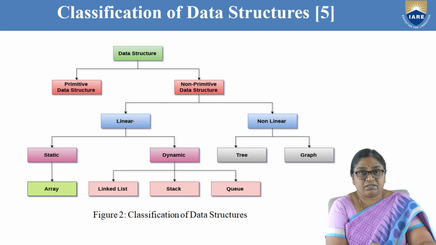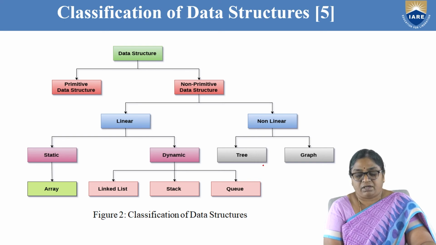Depending on the time of memory allocation, linear data structures can be further classified into static and dynamic. Static data structures can be implemented through arrays, and dynamic data structures can be implemented through linked lists. Static data structure example: arrays. Dynamic data structures can be further classified into linked list, stack, and queue. Nonlinear data structures are trees and graphs.